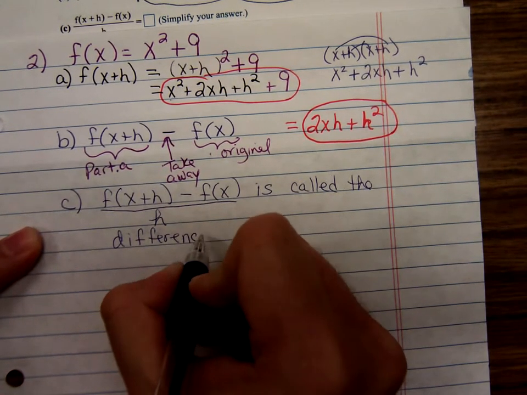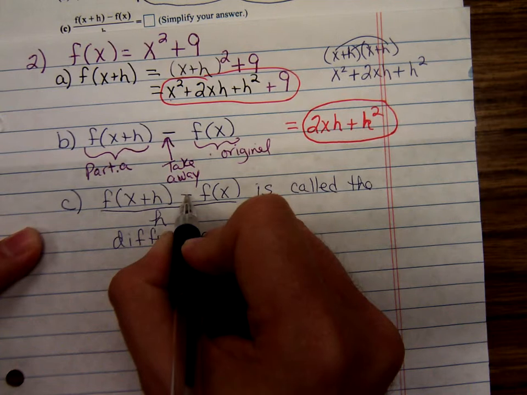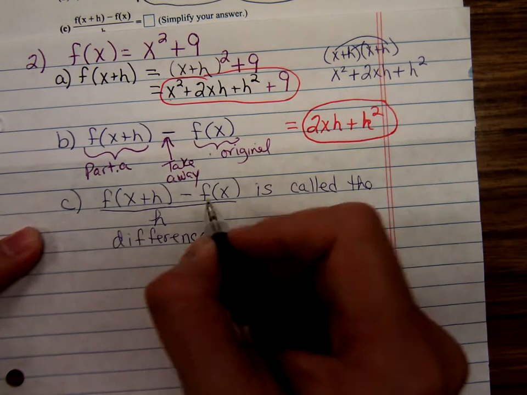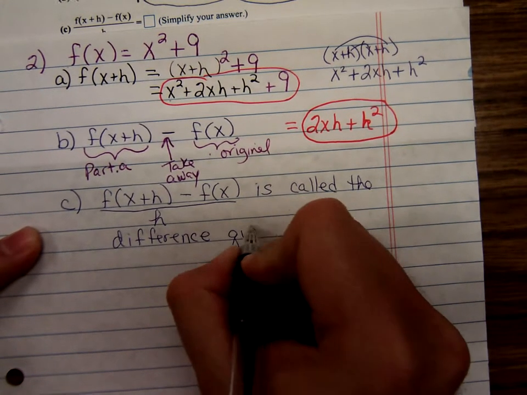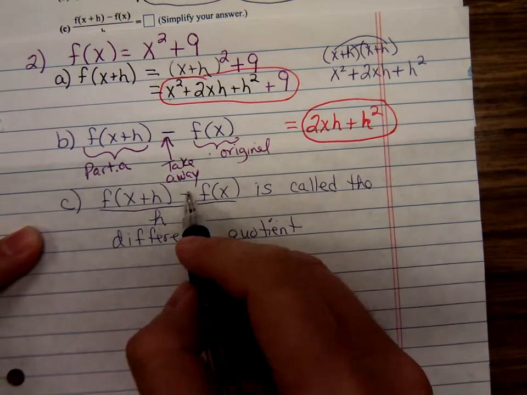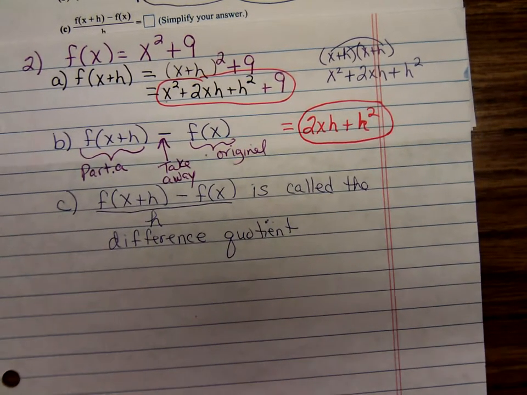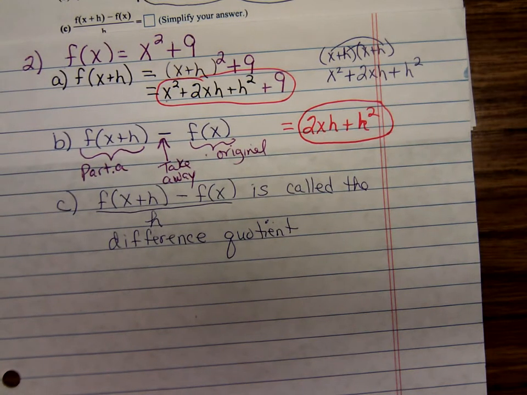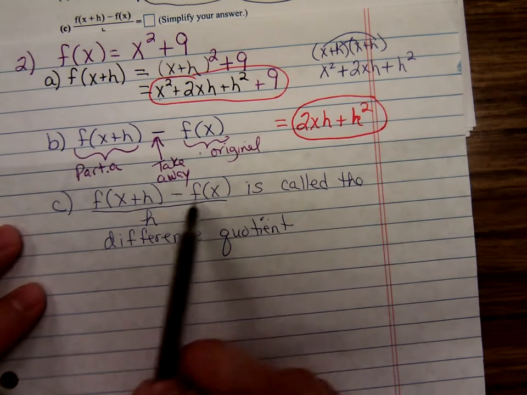Difference because of the subtraction, and then what do you call the answer to a division problem? The quotient. So it's called the difference quotient. Big part of any sort of first semester calculus course. All we're doing is just finding the difference quotient. We're not doing any calculus here.